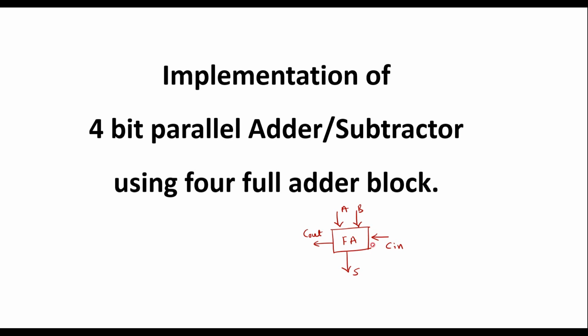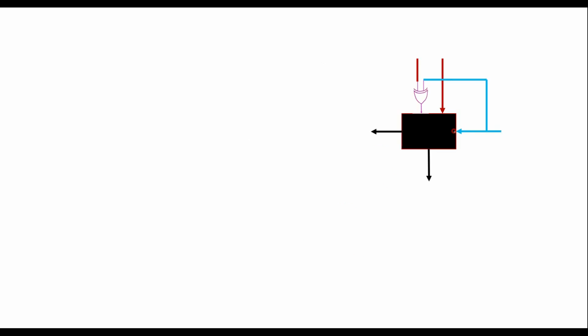Now I will modify this full adder block such that it can be used as an adder as well as a subtractor. This is the modified circuit, which looks like this. Here I will assume that this is the full adder.